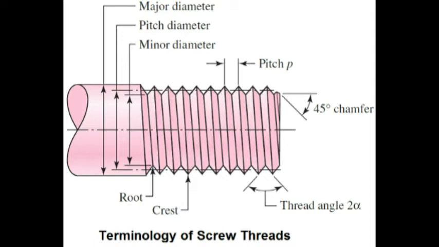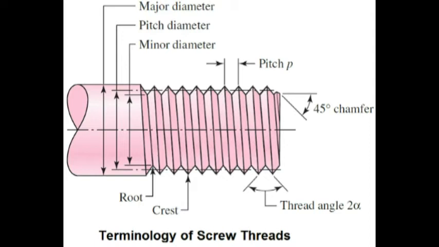Now, multiple start thread. This is produced by forming two or more helical grooves equally spaced and similarly formed in an axial section on a cylinder. So this gives a quick traverse without sacrificing core strength.